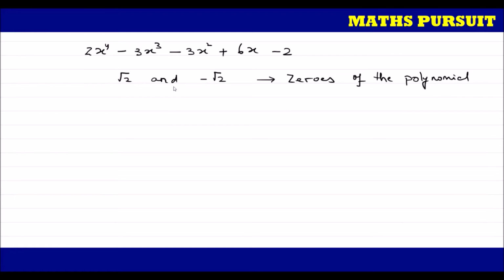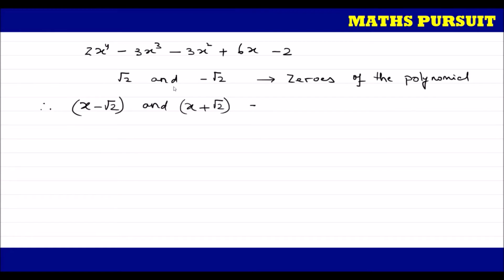Now guys, what do we know? We know that root 2 and minus root 2 are the zeros. If they are the zeros, then we can represent these as x minus root 2 and x plus root 2.